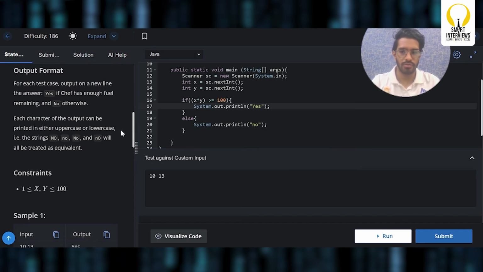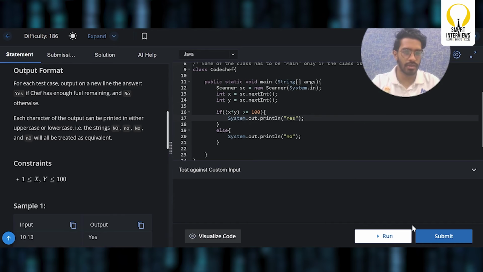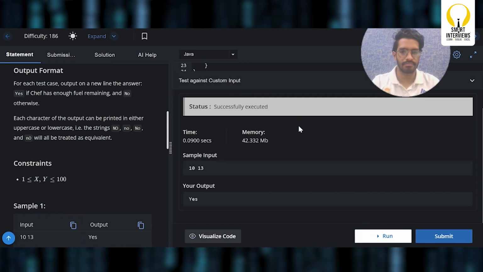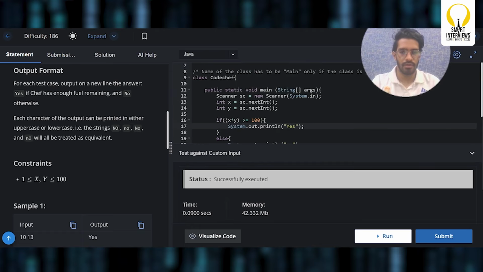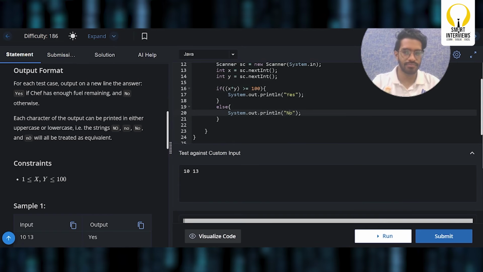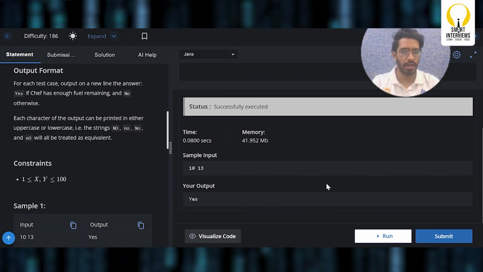No. So let us try running the code and see if it is working as expected. And this needs to be capital N. Right.